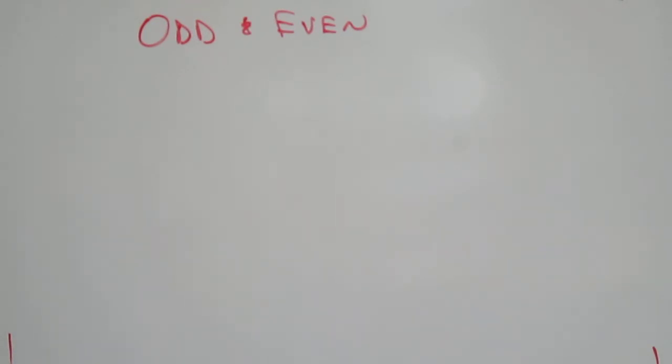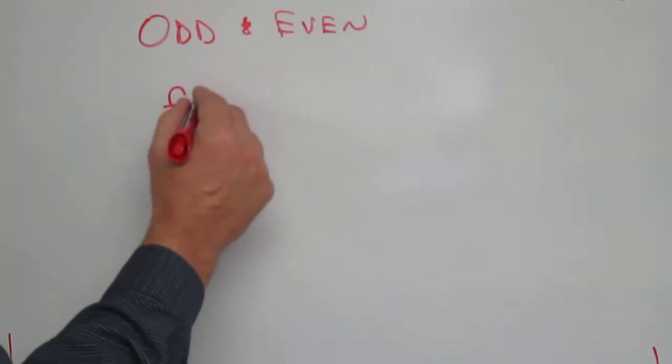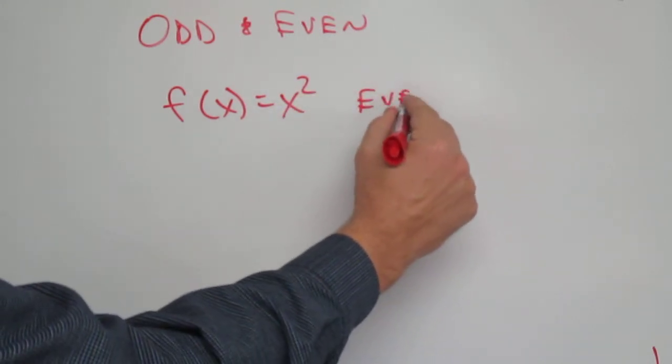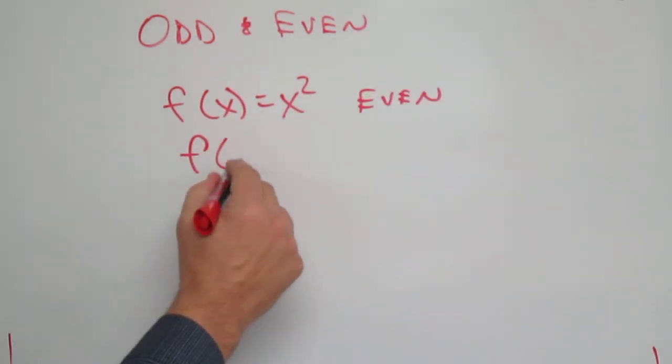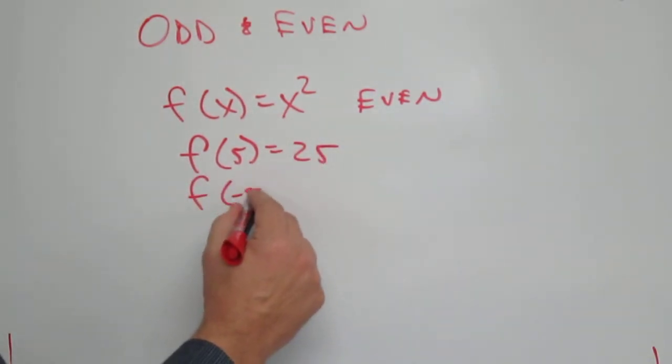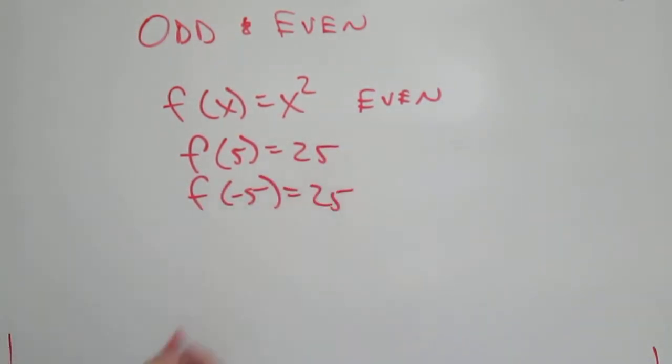What's important to know there is, if you remember from our discussion in the past, we'd say a function like x squared was even because if I put in the f of 5, I'd get 25. If I put in the f of negative 5, I would get 25.